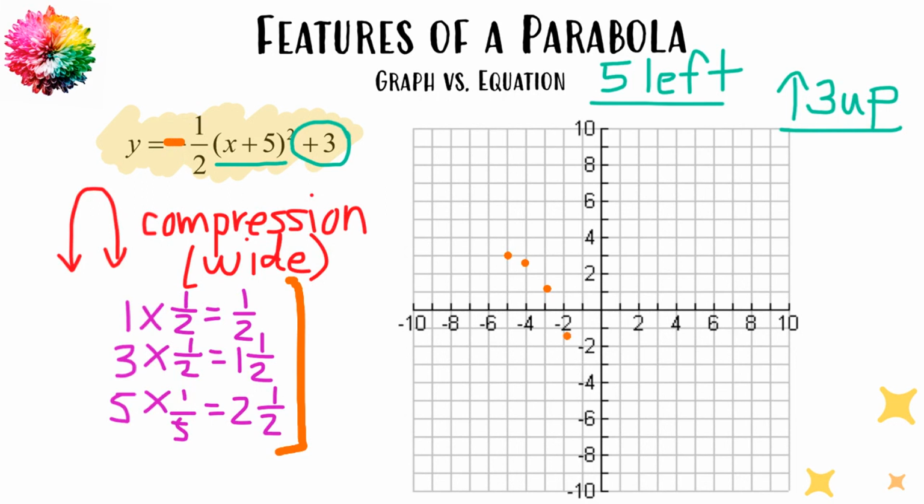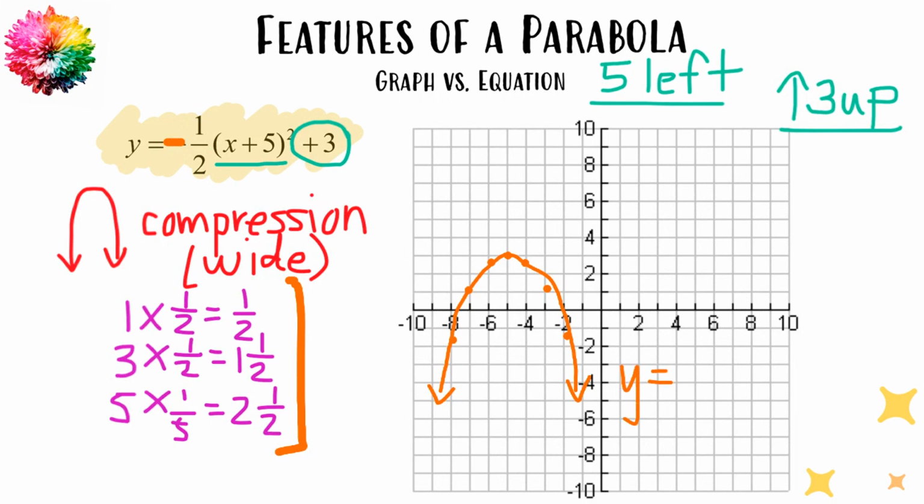Okay, same thing on the other side. 1 to the left, down a half, and then 1 to the left, down 1.5, and then 1 to the left, down 2.5. And then we are going to join all of our points together, keeping in mind that our parabola should be looking a little bit wide as it does, because this is a vertical compression, which is squishing our parabola, so it's expanding a little bit.